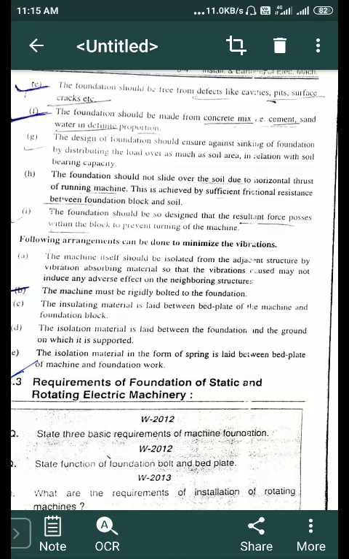The first point is the machine itself should be isolated from the adjacent structure by vibration absorbing material, so that the vibrations caused may not induce any adverse effect on the neighboring structures.